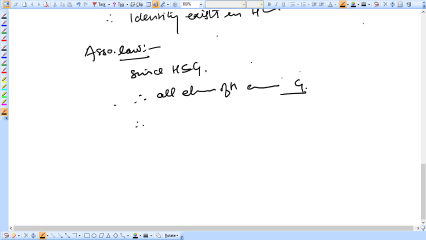Therefore the elements of H must obey the associative law. Therefore H holds the associative law.